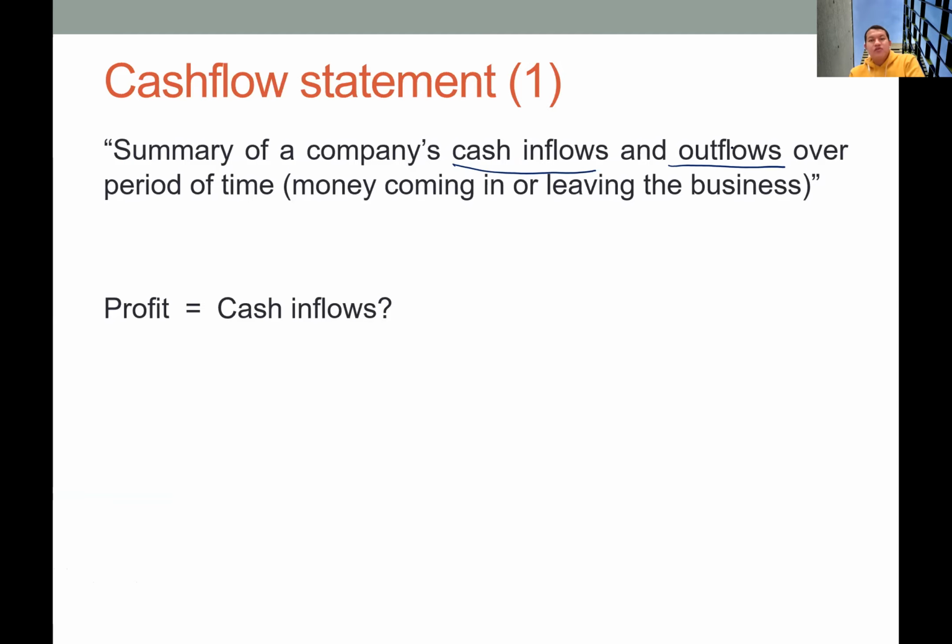Inflow minus outflow, we get the net cash flow. This summary is only within a specific period of time. Typically we prepare this statement for one accounting period or one accounting year, so it is very specific to a time period.